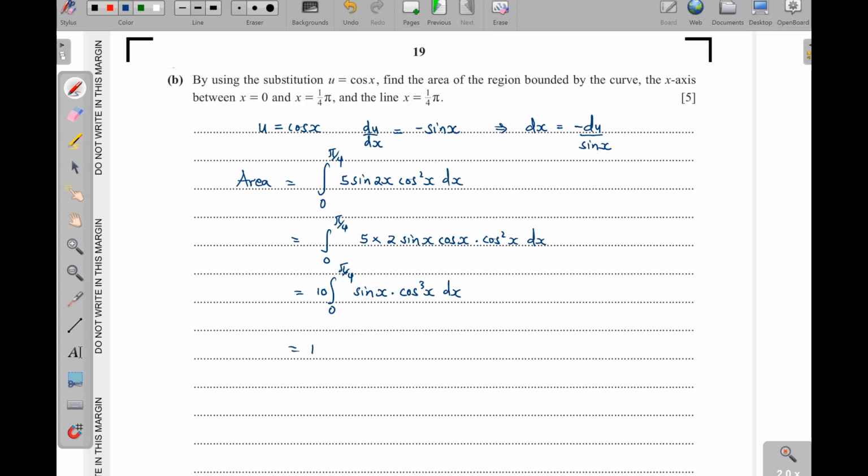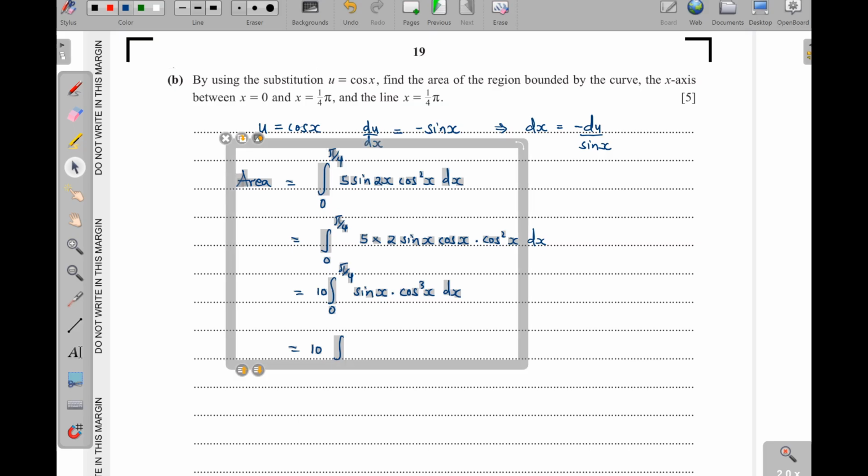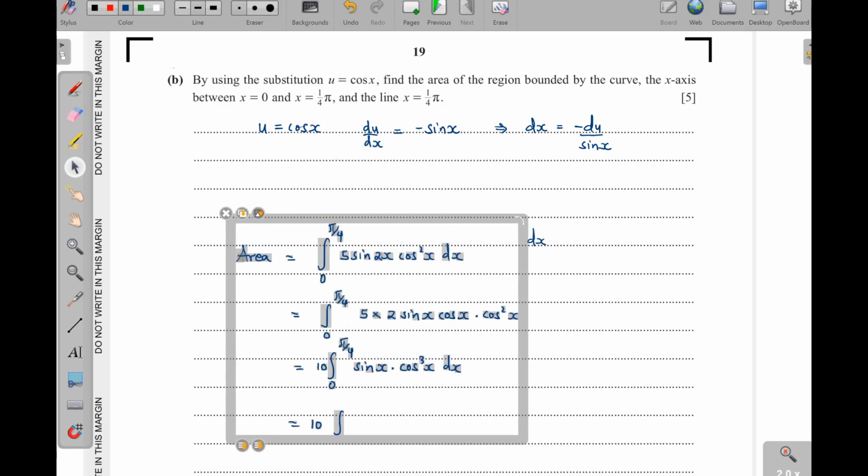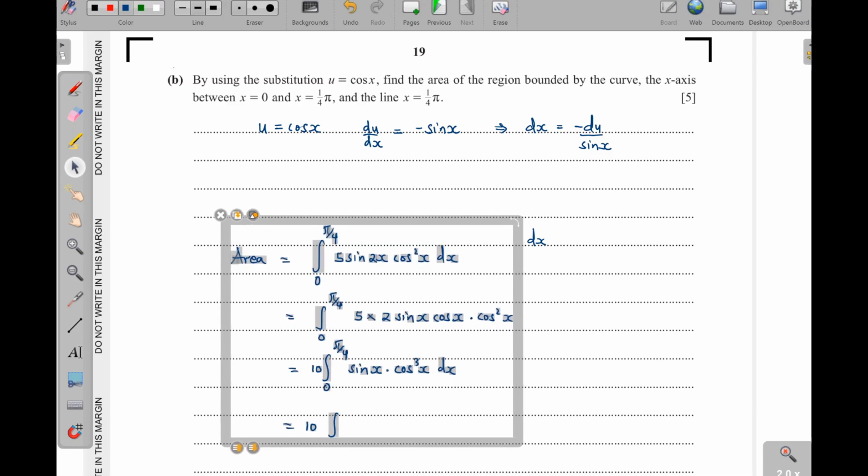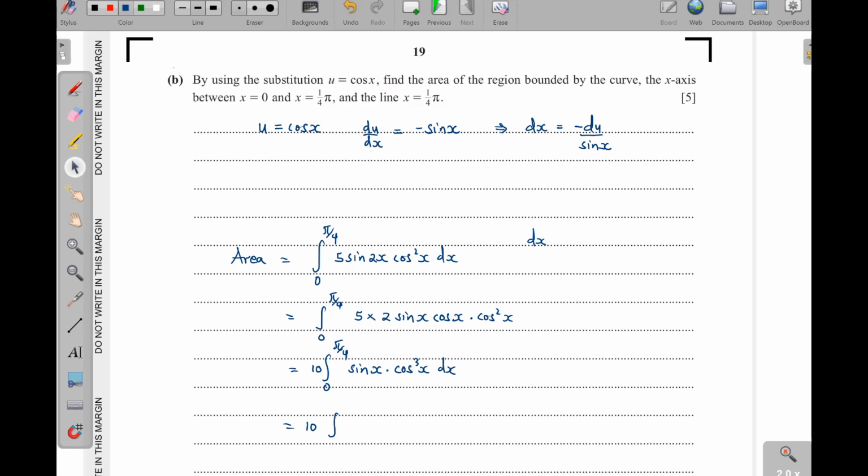Now, we need to get the values of u when x, because here you can see that we are changing the limits. So if we are changing the limits, I think this one was left out.